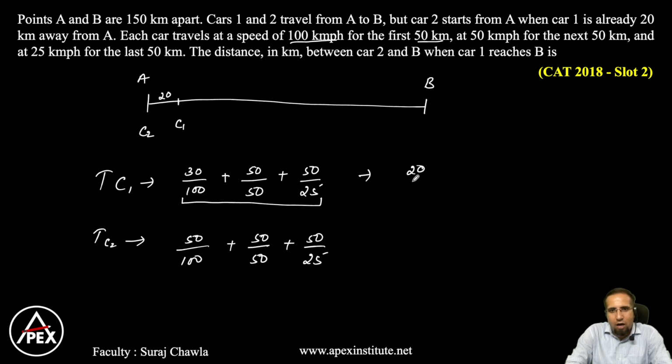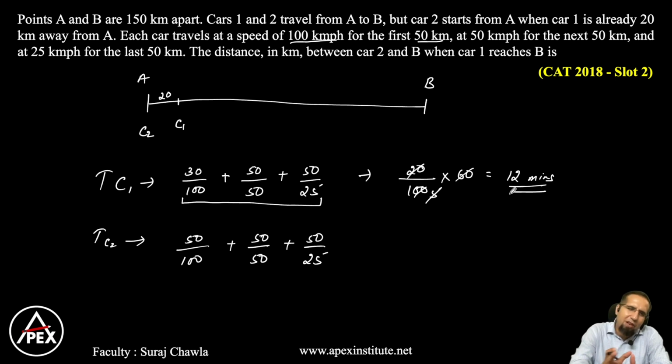Clear? And car 1 is traveling at a speed of 100 kilometers an hour. So in terms of hours it becomes 1 by 5, that means car 1 is 12 minutes ahead of car 2. So when car 1 reaches B, car 2 will be 12 minutes behind the reaching point.